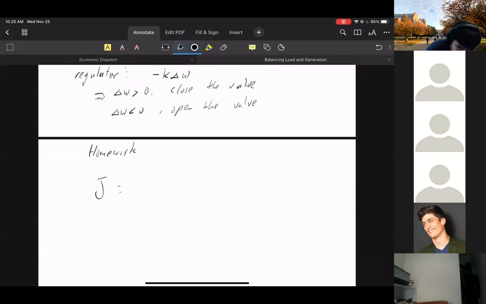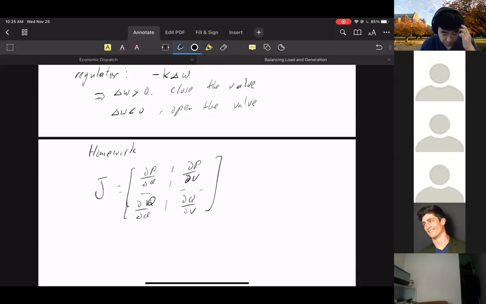What's the size of the Jacobian? It's still easier to think of the Jacobian in terms of blocks, but remember the blocks are not of the same size. So we're going to still think of this as blocks.